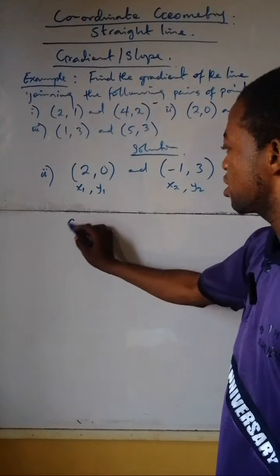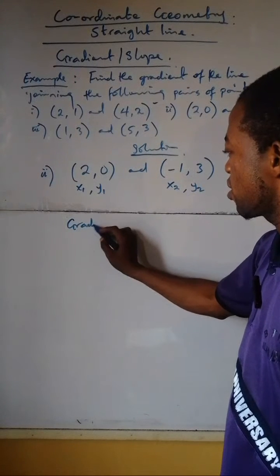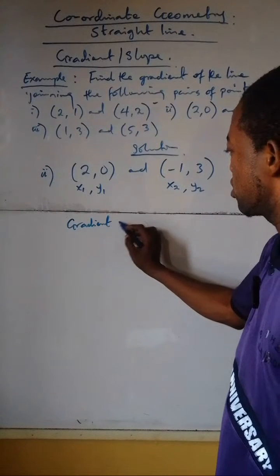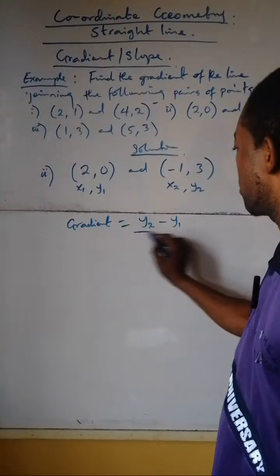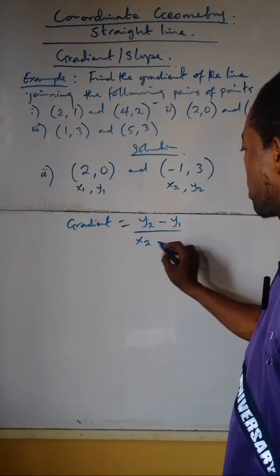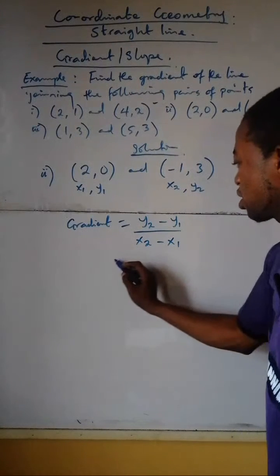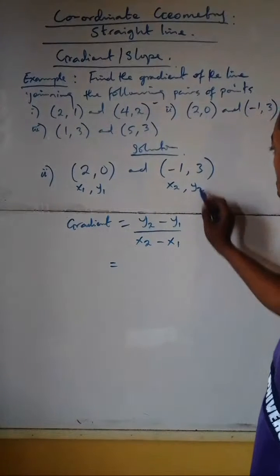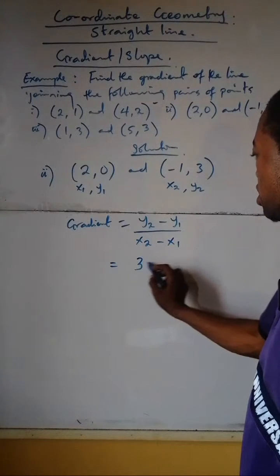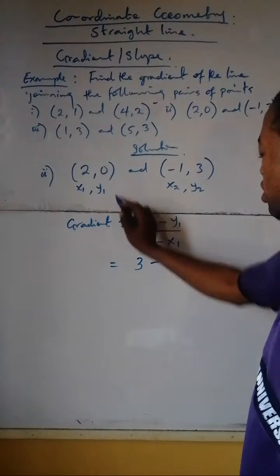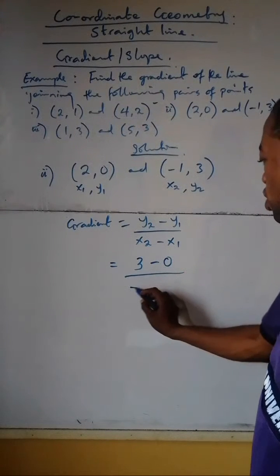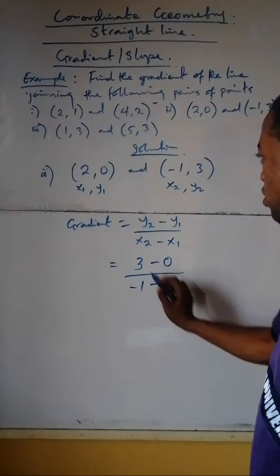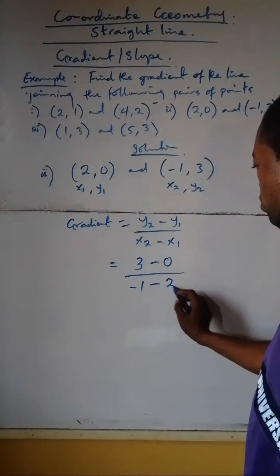Then the gradient, from the gradient formula, we have y2 minus y1 over x2 minus x1. And when we substitute here, y2, that's 3, then minus y1, that's 0, then over x2, that's -1, then minus x1, that's 2.